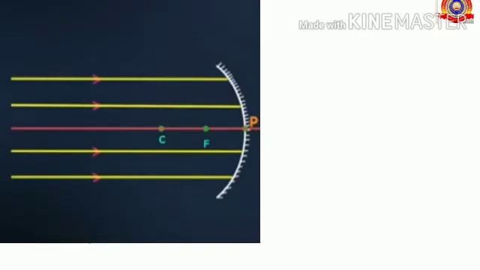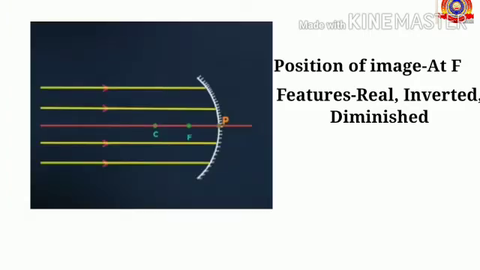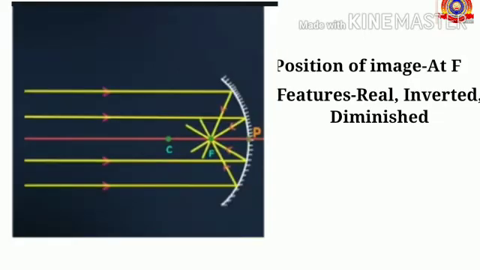After that, we have to find the position of the image when the object is placed at infinity. Here you can see the light rays go parallel to the principal axis and they meet at the principal focus. That means when the object is placed at infinity, the position of the image is at F.